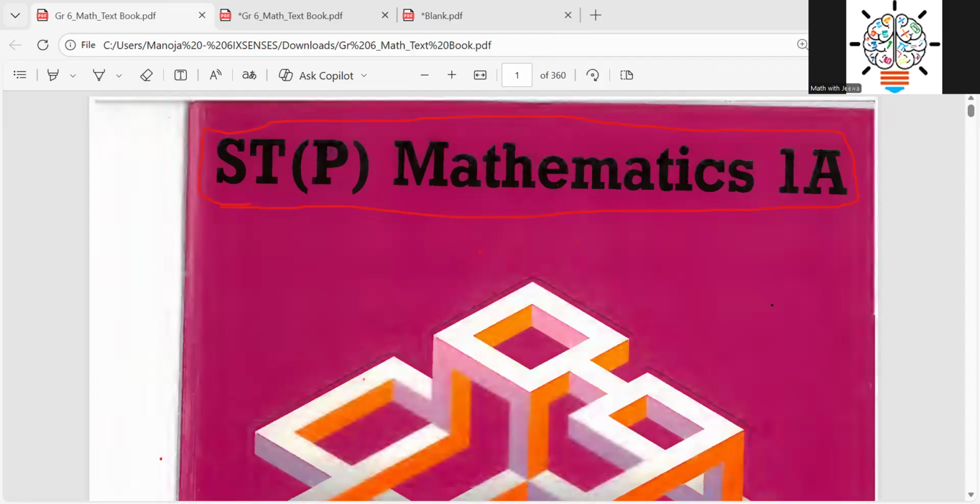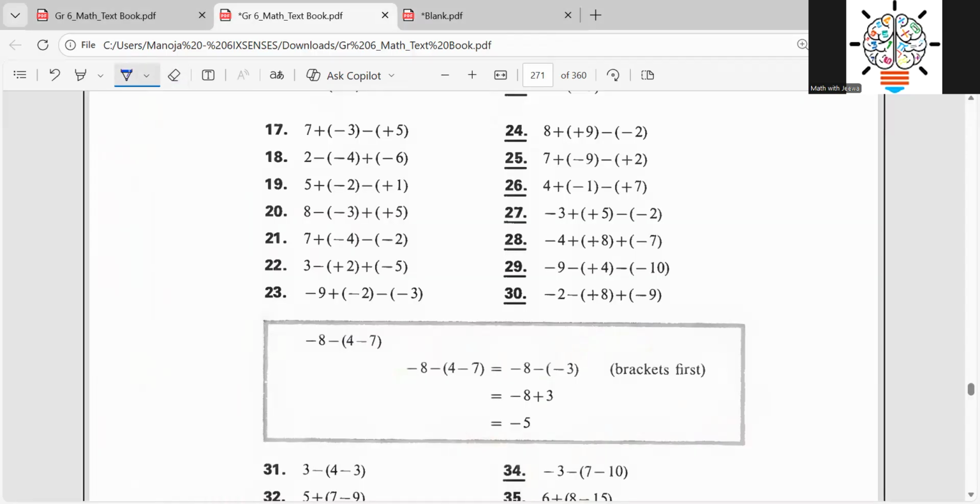So today I am planning to discuss these kinds of sums. If you have 7 plus 3, you know what to do. If you have 7 minus 3, you know what to do.